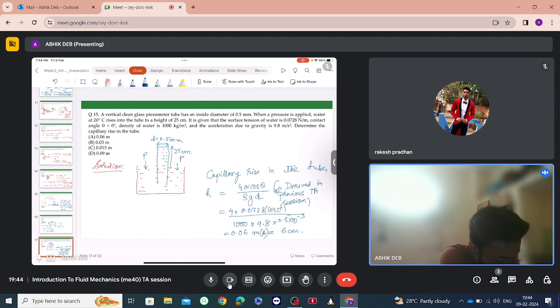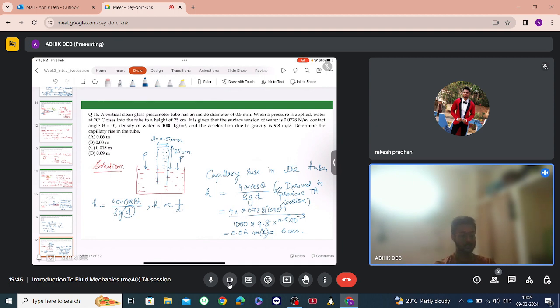See, the rise in the capillary due to capillarity is inversely proportional to diameter, that is H is inversely proportional to diameter. So as the tube diameter keeps on increasing, the rise in the capillary tube will keep on decreasing.